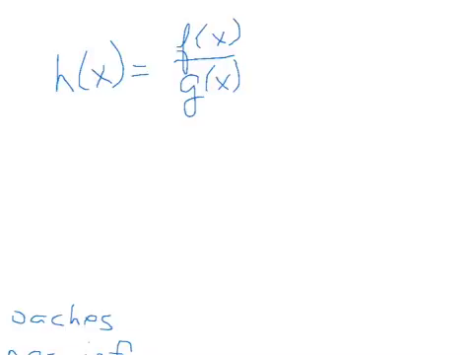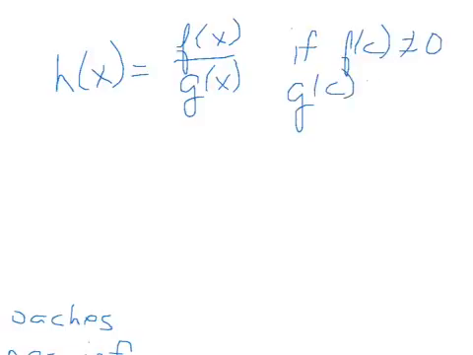If f of c is not equal to 0, but g of c equals 0, then we end up with a vertical asymptote at x equals c.